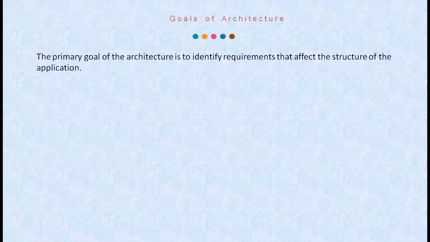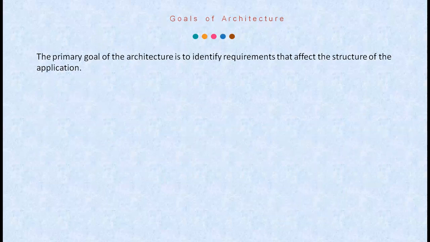Now coming to the goals of architecture. The primary goal of the architecture is to identify the requirements that affect the structure of the application. A well-laid architecture reduces the business risk associated with building a technical solution and builds a bridge between the business and technical requirements.